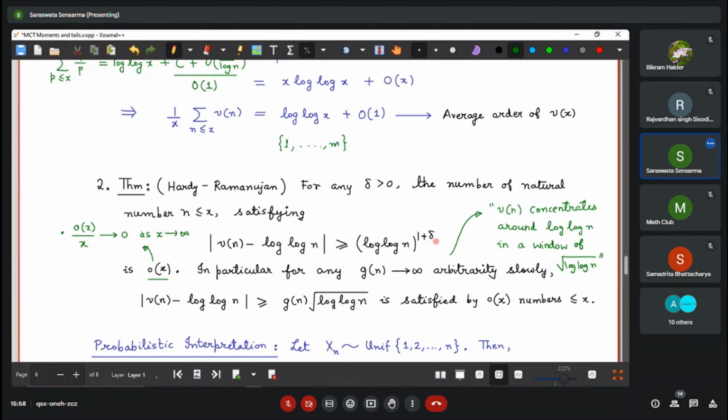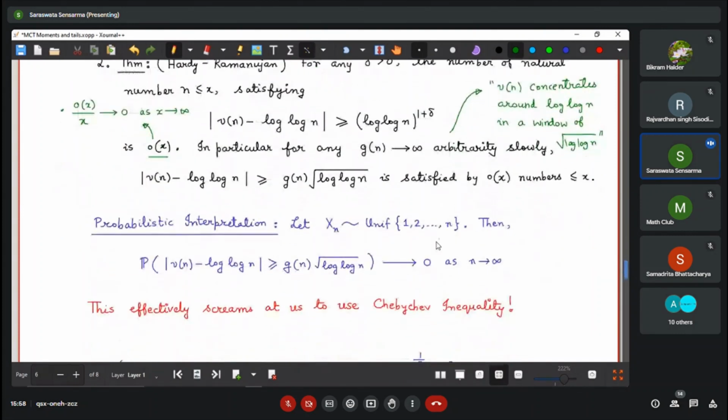This is often a statement made in convergence results, and this is exactly what we mean by that. All right. But this is sort of screaming for a probabilistic interpretation.